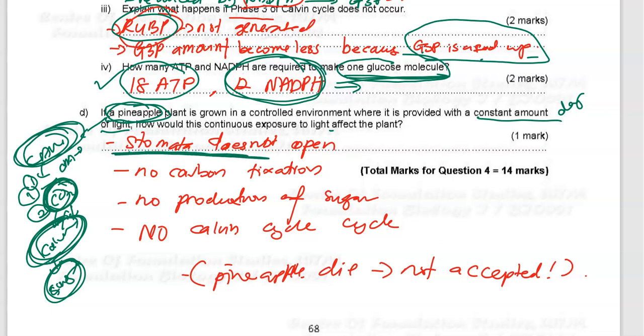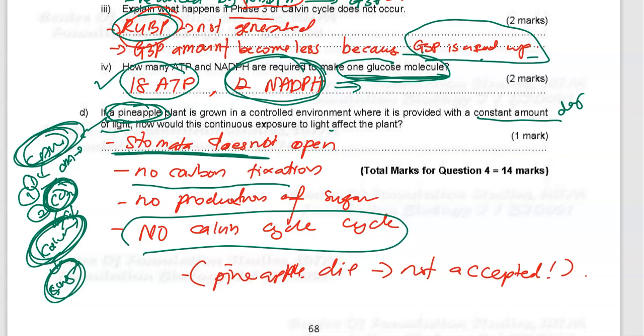Stomata of the pineapple leaf will not be open, so no carbon fixation can occur. When no carbon fixation can occur, carbon dioxide in the leaf will remain low, and no Calvin cycle can occur. When no Calvin cycle occurs, no sugar will be produced.